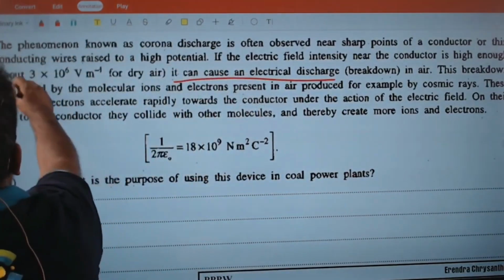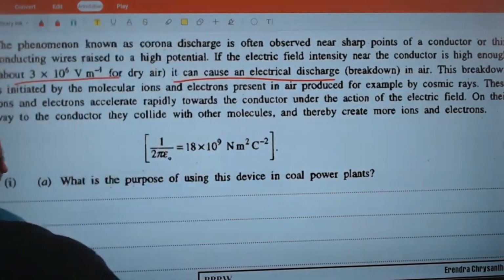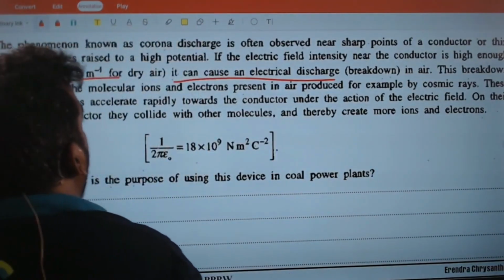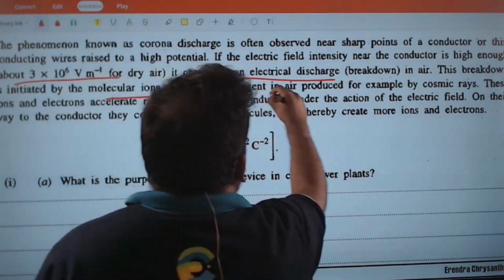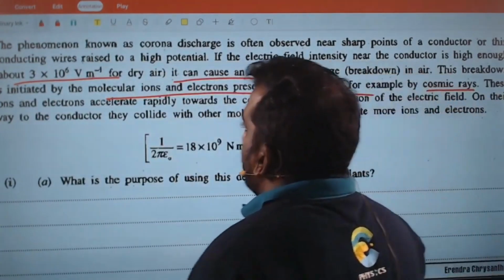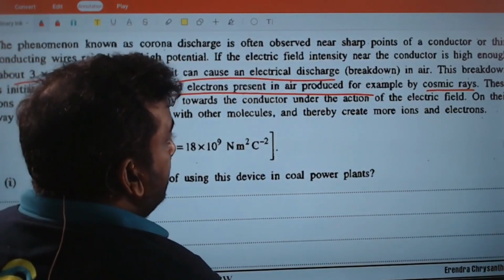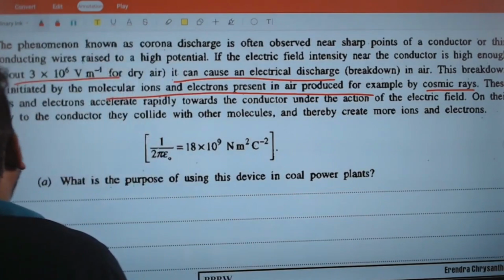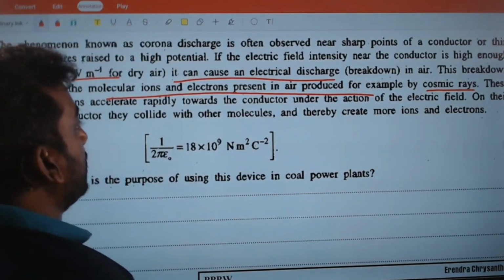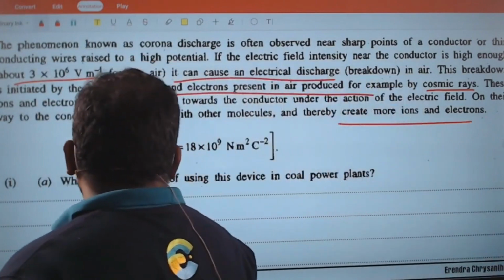This breakdown is initiated by molecular ions and electrons present in air, produced, for example, by cosmic rays. These ions and electrons accelerate rapidly towards the conductor under the action of the electric field. On the way to the conductor, they collide with other molecules and thereby create more ions and electrons. Right.